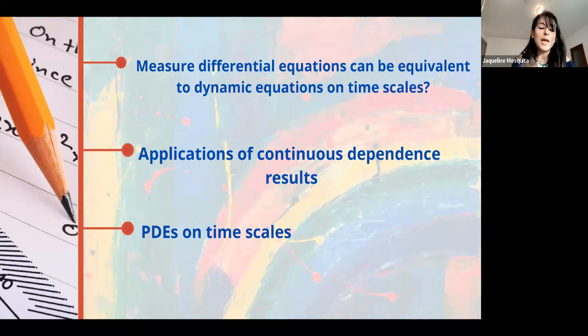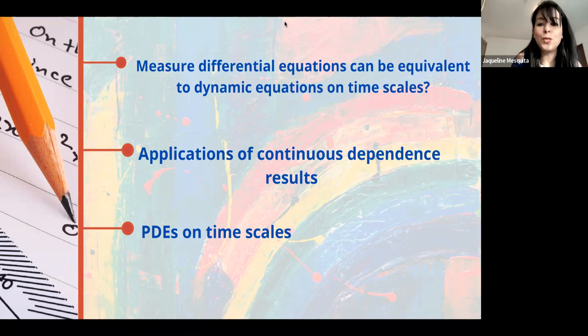but we cannot prove, even with a counterexample, that it's not possible to have this bridge, and we cannot prove that it's possible to have this bridge. So it's something to think about for this type of problem. I mentioned before such types of applications of continuous dependence results.